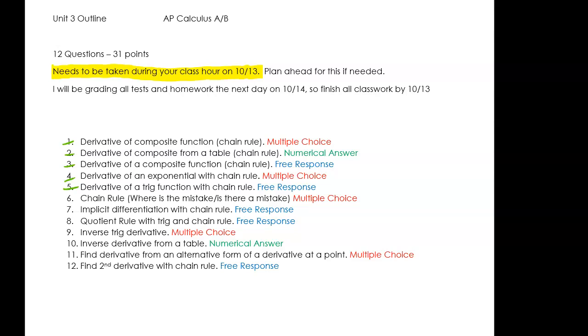And so for those questions, an entire problem is written down. So this is step 1, step 2, step 3, step 4, step 5. And then the question will say, which step has the error? And then, sometimes none of them have an error. It's correct. So that's going to be question number 6.